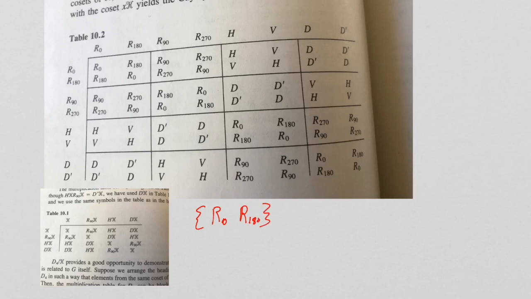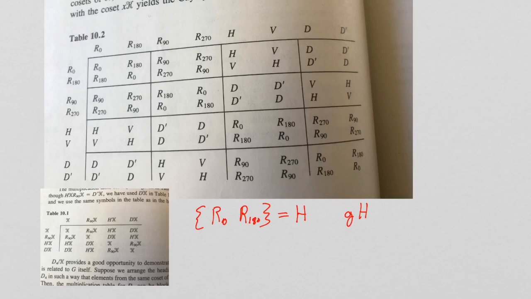It's one of the two element subgroups, and this is no doubt a subgroup. First of all, let's call that subgroup H. So now I'm going to ask about sets that look like GH. This would be called a left coset of H, where G is any element of the group, right?